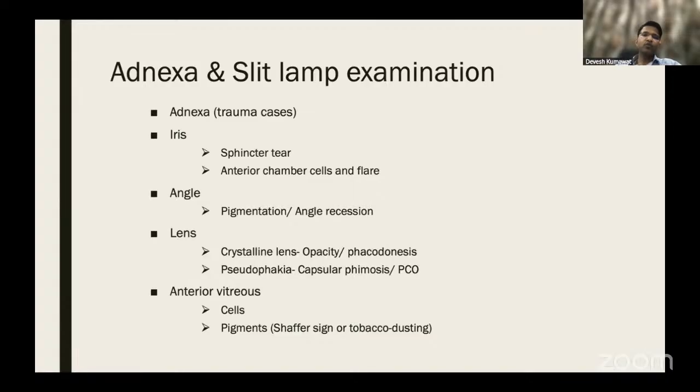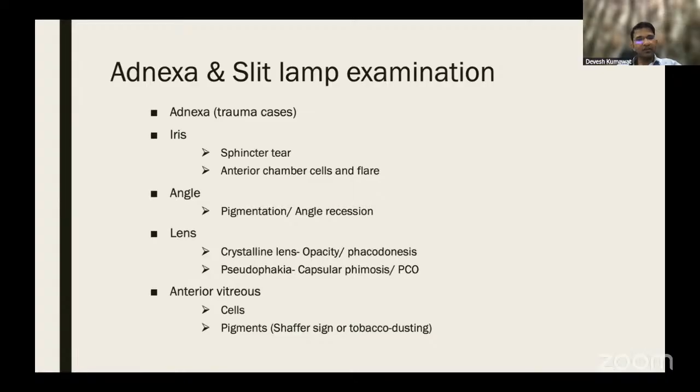Most often the patient's pupil might already be dilated, and you might have to inquire about the pupillary findings from the examiner, that I need to know the pupillary findings or undilated fundus, undilated anterior segment examination finding, that you can ask the examiner also. So sphincter tear is one thing that you need to look at.